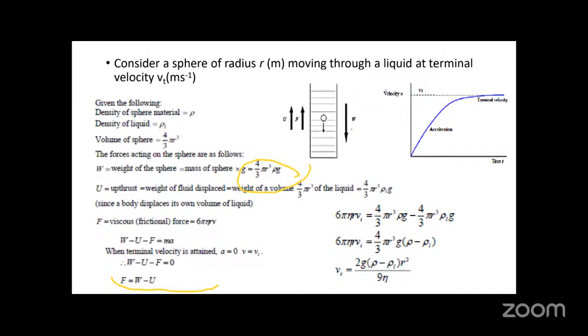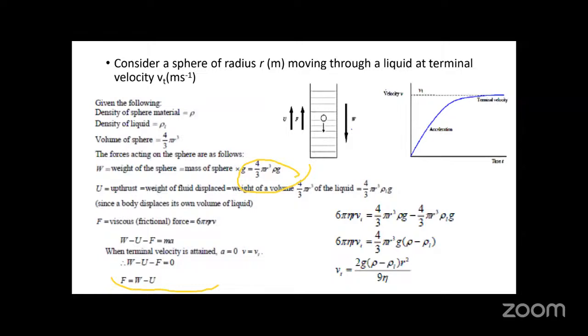But this time, remember, the first one we are talking of is the weight of the sphere. So the density there is going to be the density of the spherical ball, while the upthrust, which is as a result of the fluid resistance, our density will be the density of the fluid.